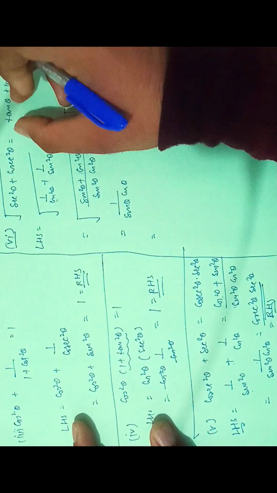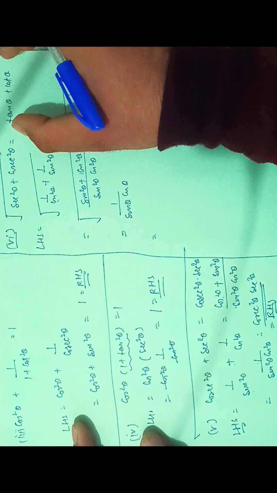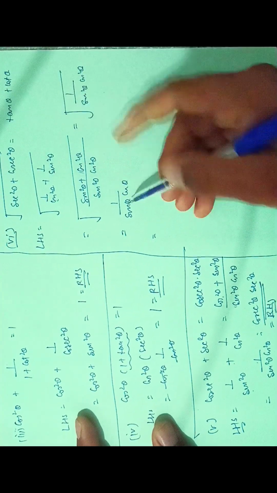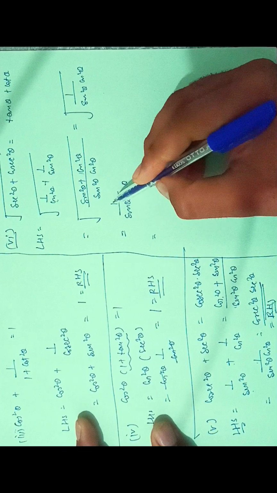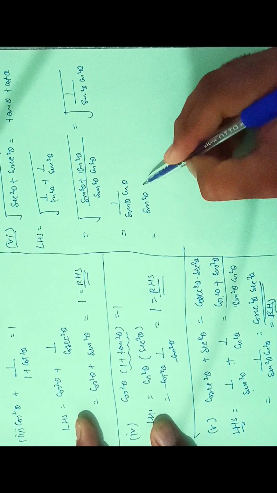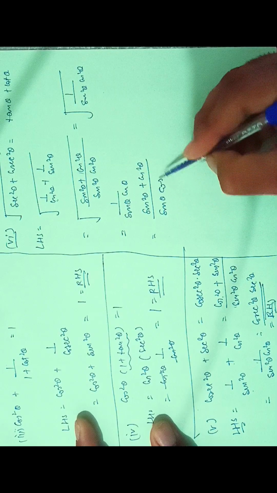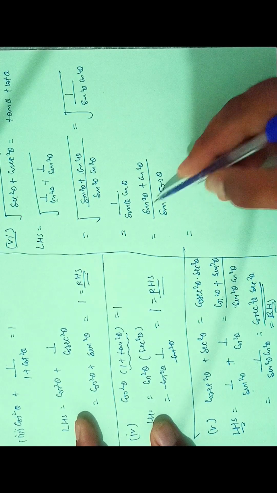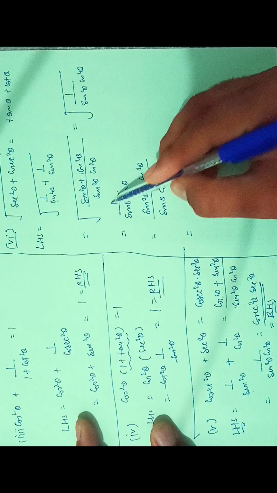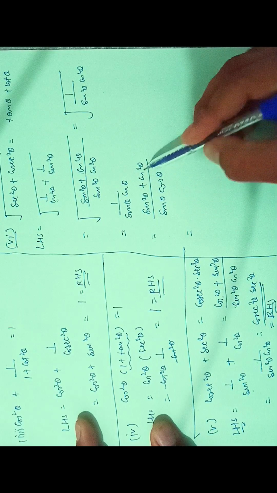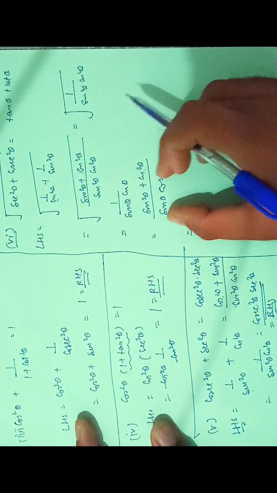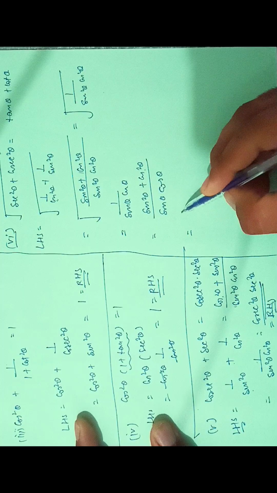Now you have to prove this one. Take this as the right hand side, and we will use sine square plus cos square is 1. So it will be sine square theta plus cos square theta upon sine theta into cos theta. Instead of 1 we can write sine square theta plus cos square theta. Now simply divide both of these terms.